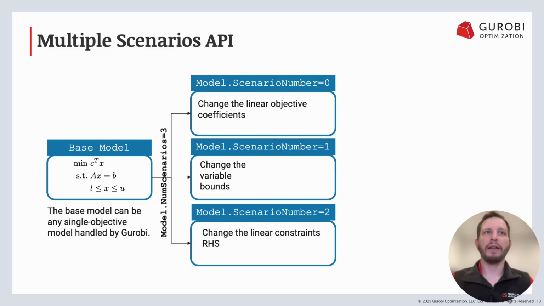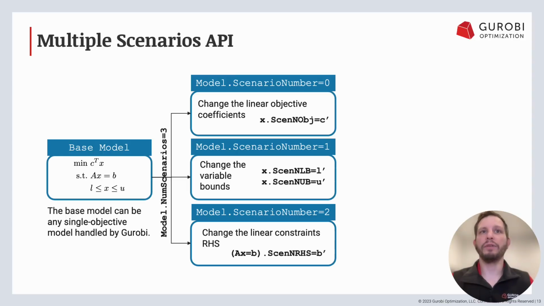We can specify some known number of scenarios. Let's say it's 3. In scenario number 0, we change the linear objective coefficients. In scenario number 1, we change some variable bounds. And in scenario 2, we change some constraint right-hand sides.